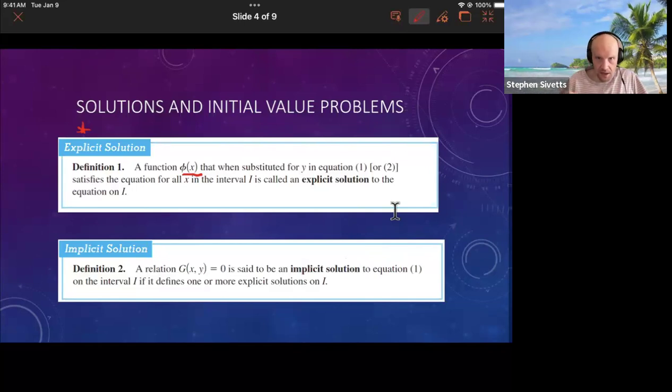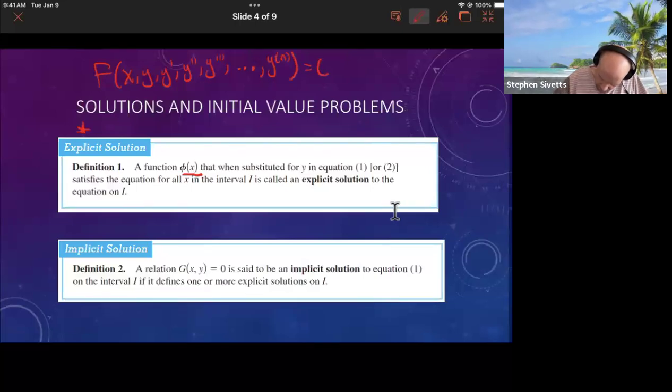You will have either this form, y prime, y double prime, y triple prime. So this is what's called the implicit form. And then the explicit.